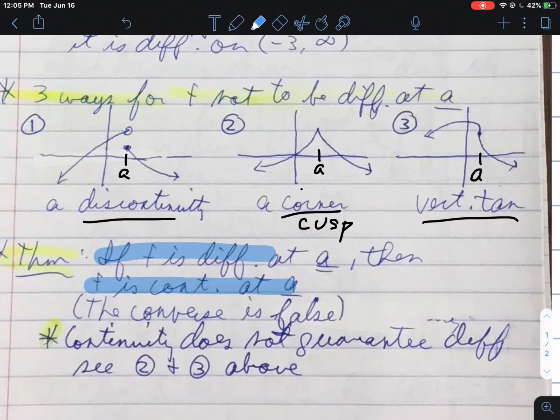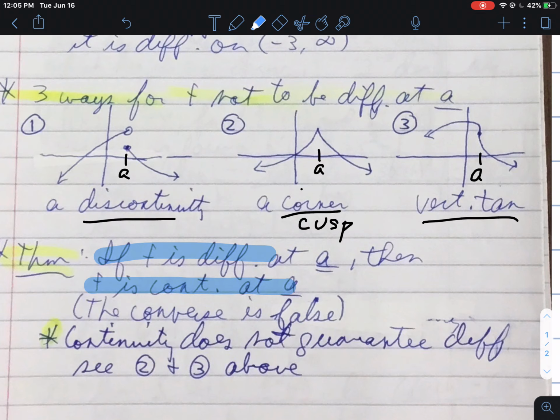So that goes back to what we were saying. You can't have a point of discontinuity and be differentiable. So if f is differentiable at a number a, then it is also continuous at a. So differentiability means continuity. But the converse of that is false. This is what we're saying with numbers 2 and 3. Notice 2 and 3 are both continuous at a, but they're not differentiable there.